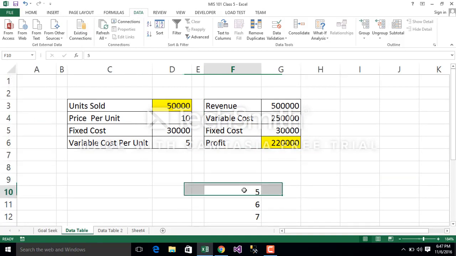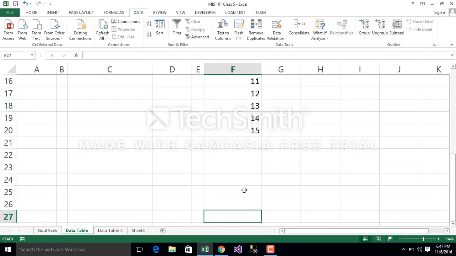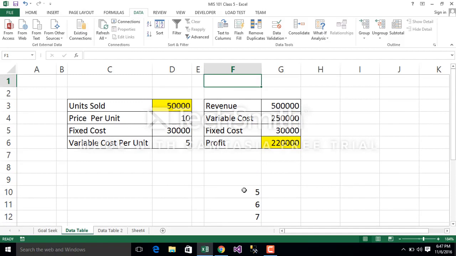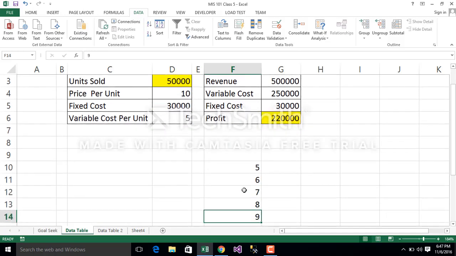So if our price decreases, we use different variables. So if our price decreases to 5, 6, 7, 8, or 9, or increases to 11, or 12, 13, 14, 16, then what will be our profit? So for this problem, write the numbers.